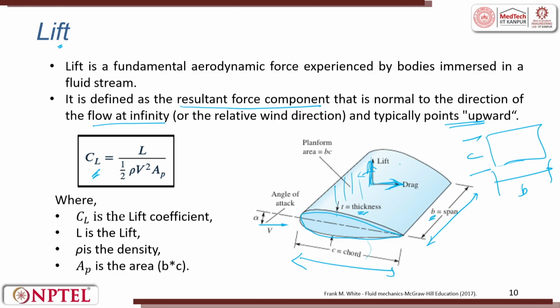This one is the planform, and the air always hits at the velocity like this, and there is an angle which is called the angle of attack, alpha. So, this is very important. Alpha decides how you get the lift when it goes up. Alpha is a very important parameter. This is called the angle of attack.